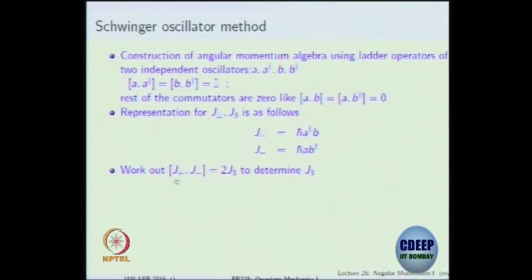Then I said that please go back and use the angular momentum algebra to determine what J3 is, constructed out of these two operators. So this is a representation for J plus and J minus in terms of two harmonic oscillator operators, and using this representation we want it to satisfy the angular momentum algebra, which will give you the representation for J3.